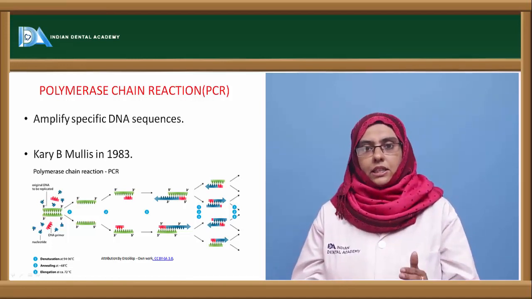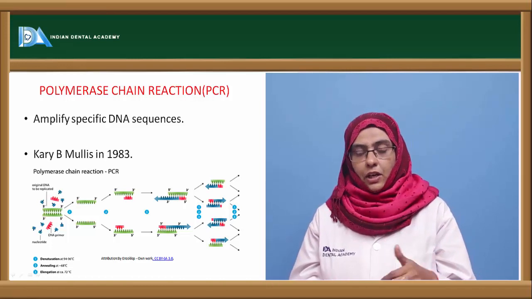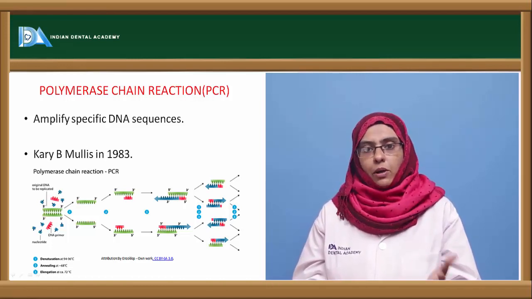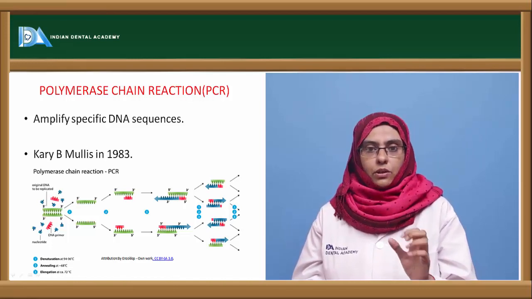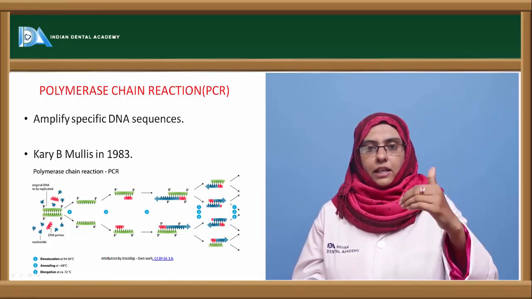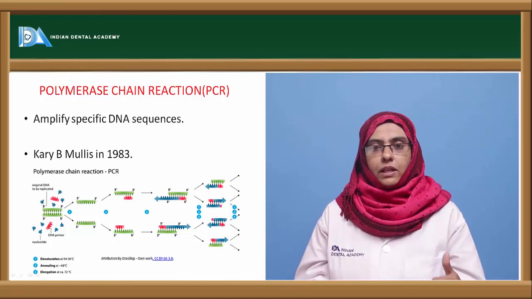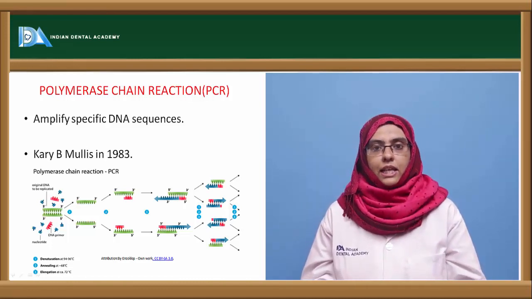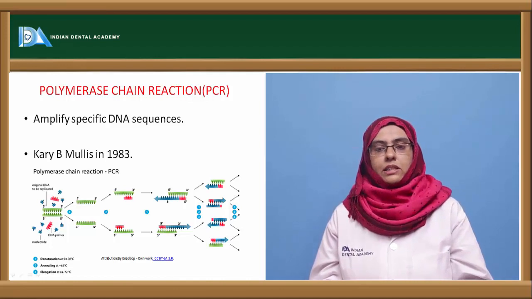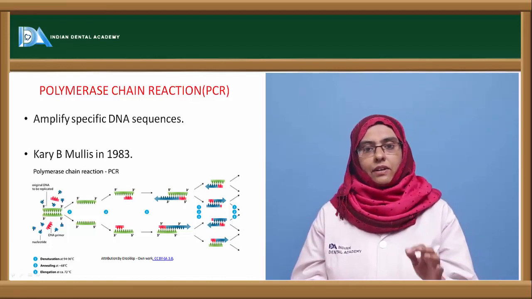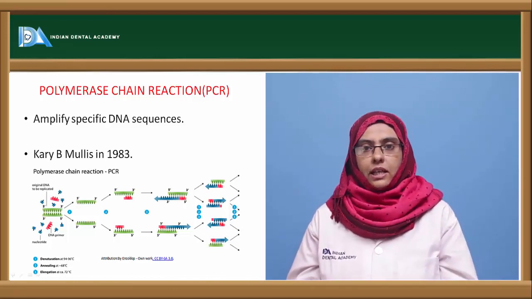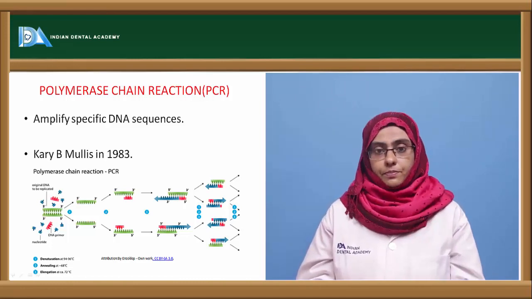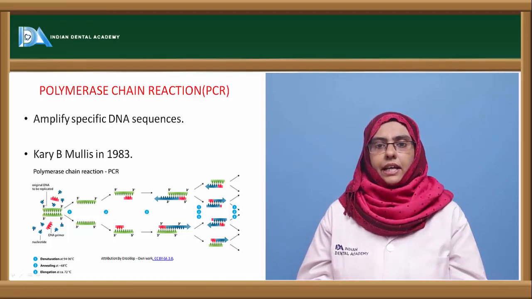Next we have the elongation process, where the Taq DNA polymerase is used to elongate the chain to form a complete DNA molecule from the primers. The polymerase that we are using is called Taq polymerase. Taq polymerase is the one that can withstand a very high temperature, around 90 degrees centigrade, and it is usually isolated from an organism that can survive at very high temperature.